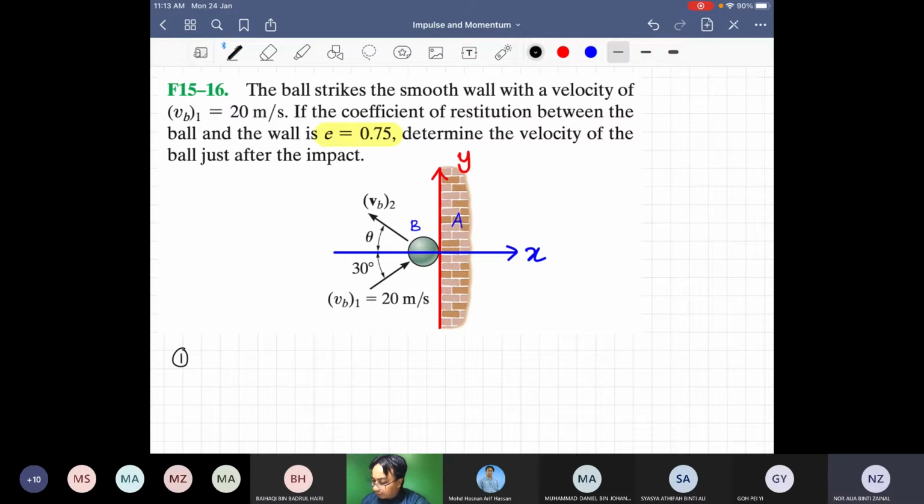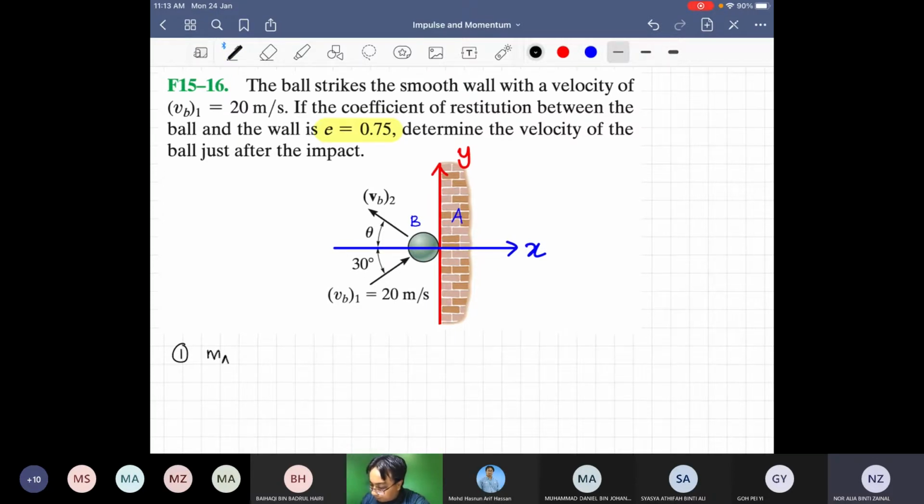Okay, so kita akan tulis dia punya equation: MA VAX1 in x-axis, remember, plus MB VBX1 sama dengan MA VAX2 plus MB VBX2.